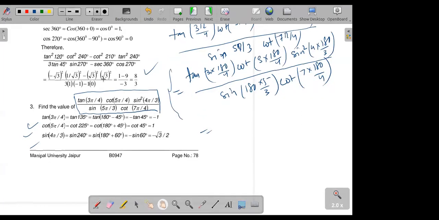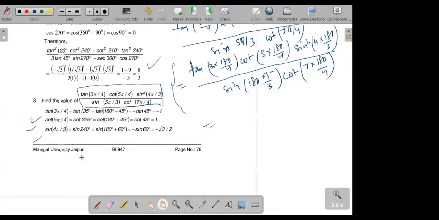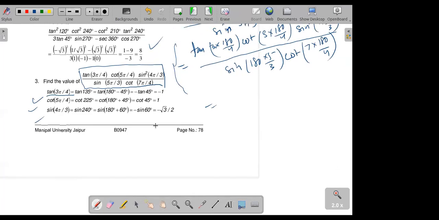So solve each term individually. Like tan 3 pi by 4 is equal to tan 3 into 180 by 4. That means tan 135 degree. And then we can write it as 90 plus 45 or 180 minus 45.